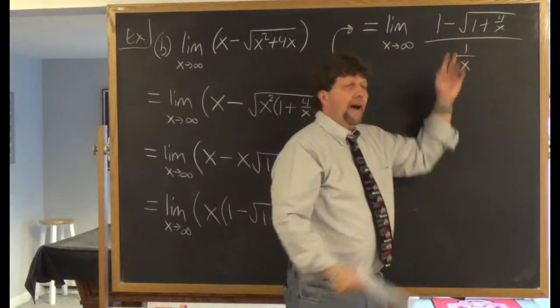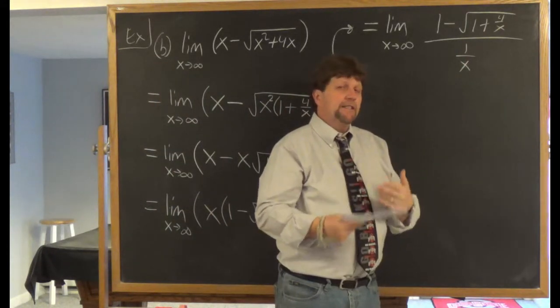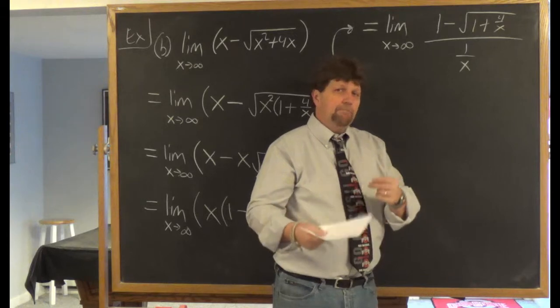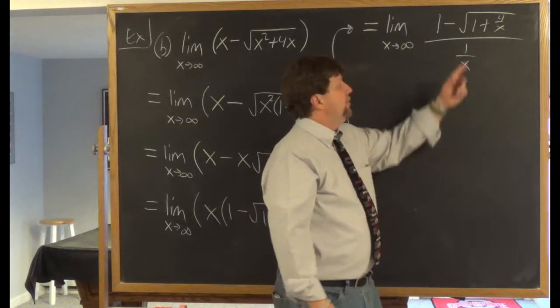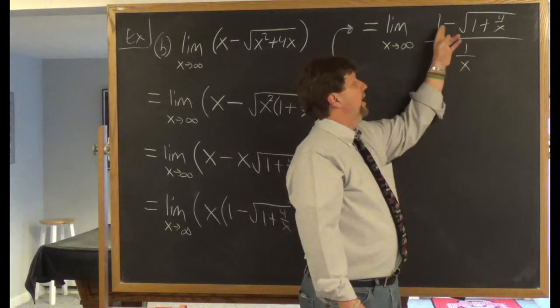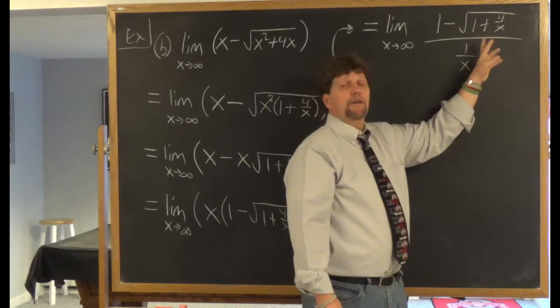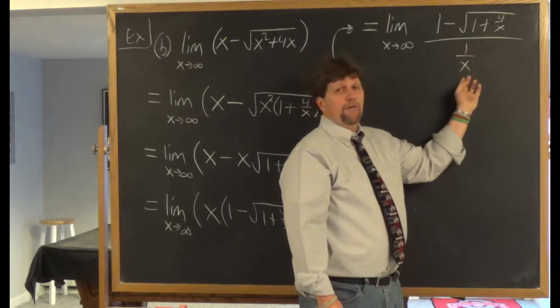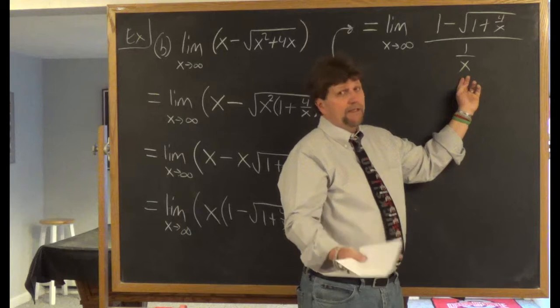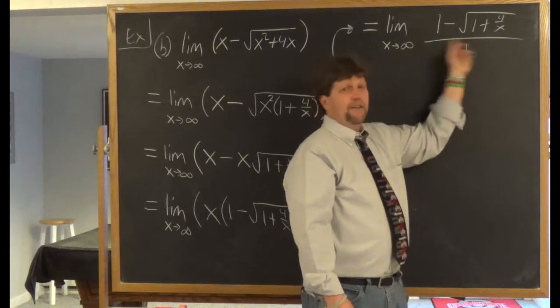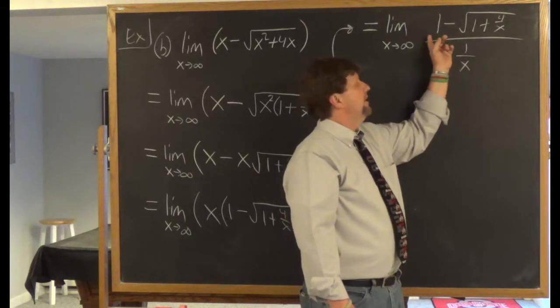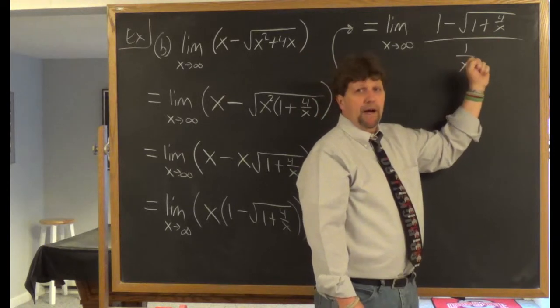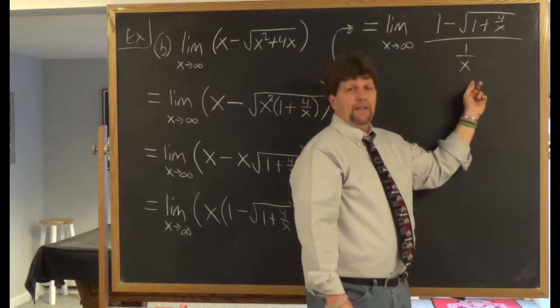Remember that when you're dividing, division is the same thing as multiplying by the reciprocal. So if you saw this ugliness, 1 minus square root 1 plus 4 over x divided by 1 over x, you could say, well, you're going to rewrite this division as this mess multiplied by the reciprocal of the denominator.